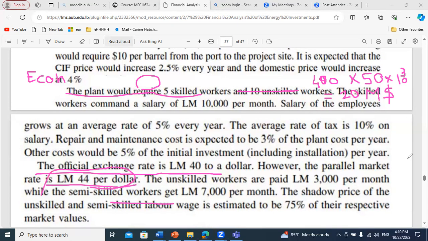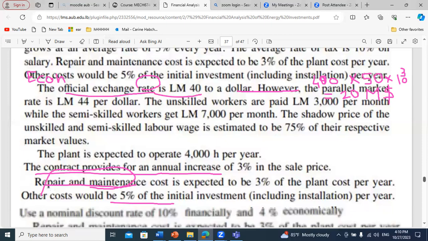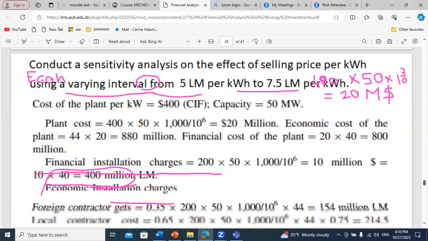Okay, this is why when we want to consider the difference in economic and financial costs, this will be the main difference. So all we have to do is to say that first we multiply 400 times 50 times 10 to the power 3, we get $20 million.